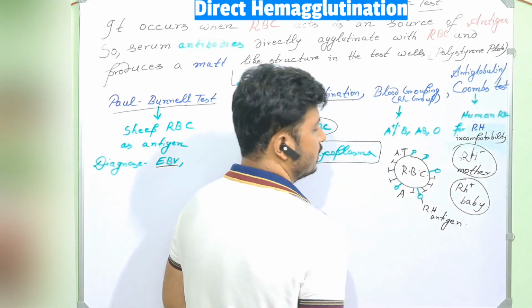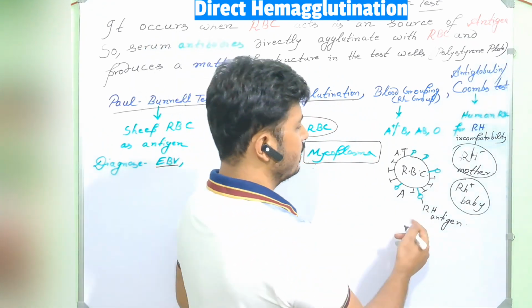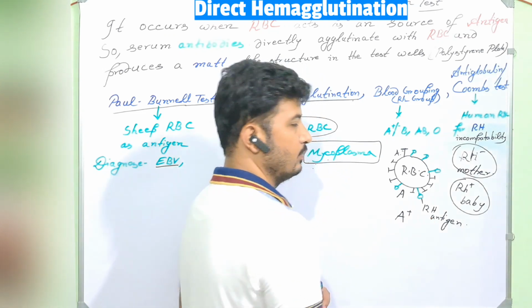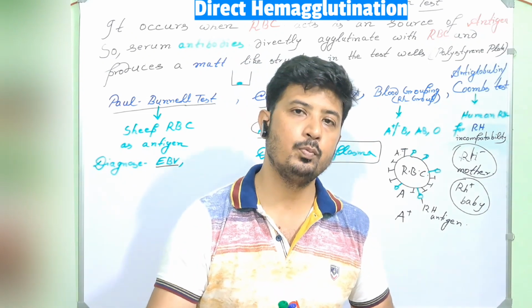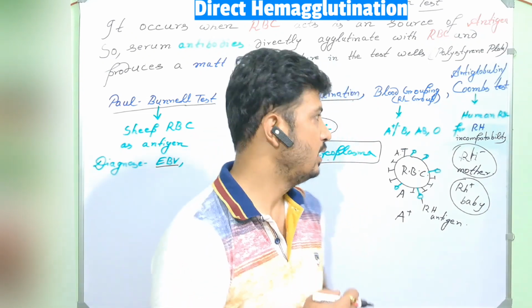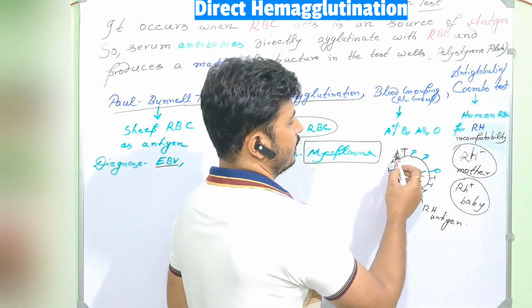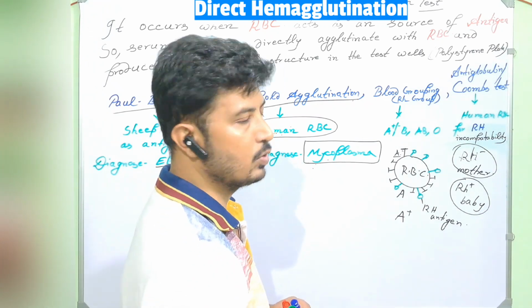If a person's RBC contains this antigen, then he or she will be A positive. Rh antigen positive means the blood group will be A positive. If there is A and also a separate antigen called B, then it is AB positive.